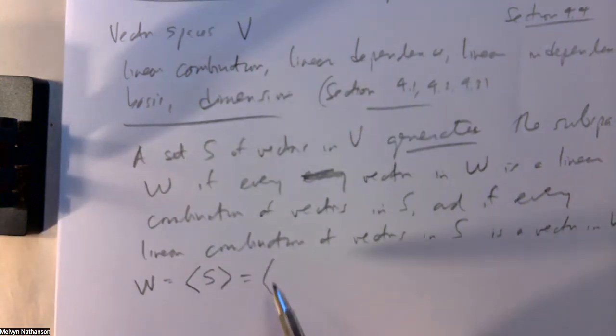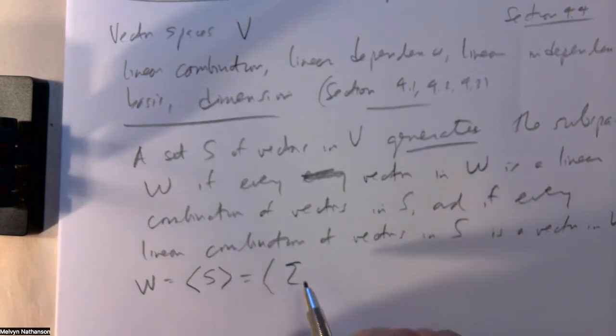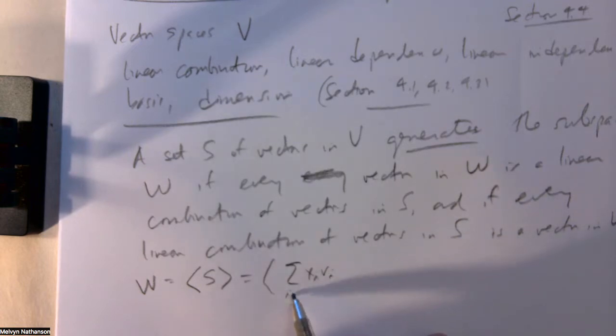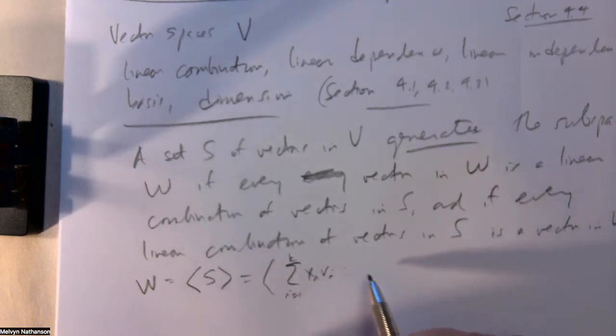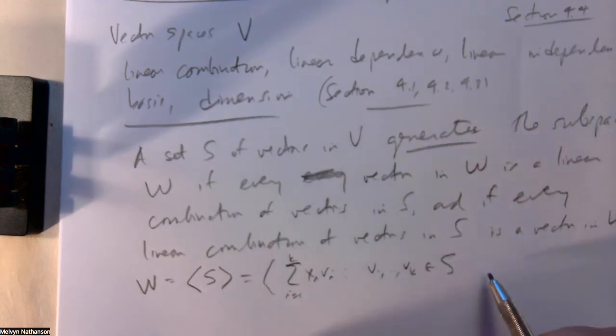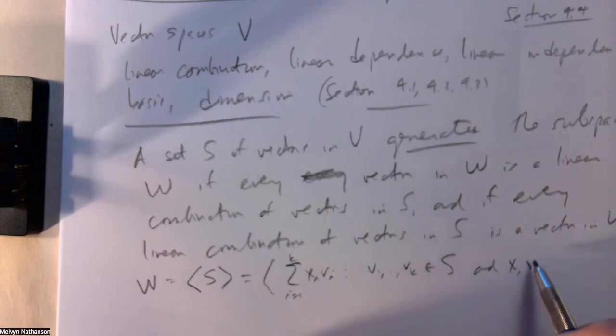This means W is the set of all vectors of the form summation xi vi, i goes from 1 up to k, where v1 up to vk are vectors in S, and x1 up to xk are scalars, say real numbers.